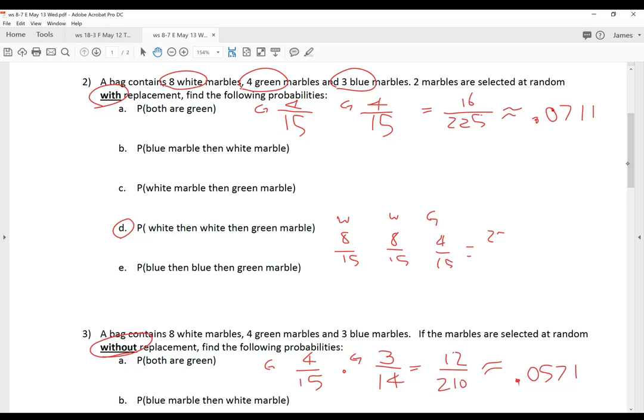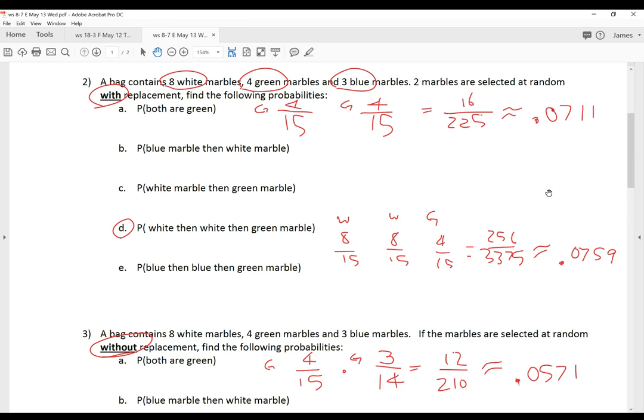That's 256 divided by 3375. I guess you could leave it in fraction form. But if you want to change it to a decimal number, it would be 0.0759.